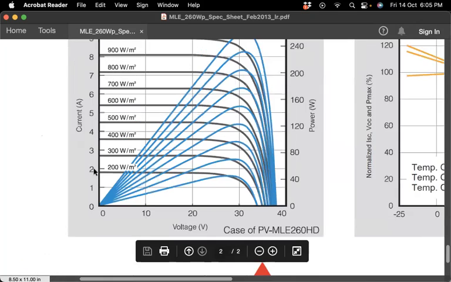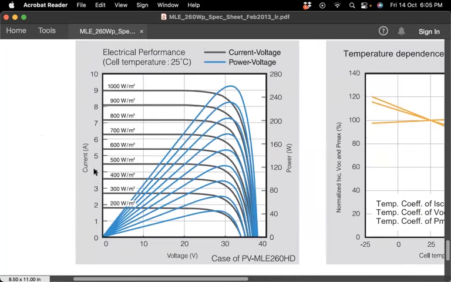This is a very famous relation considering irradiance and the IV curve. Of course, this has somehow a theoretical background beyond it. So if you go to this IV characteristic equation, we already saw in the previous chapter, when we considered the one diode model and the 2 diode model and so on, you can have further mathematical derivations in order to study deeply the effect of irradiance on the IV curve.